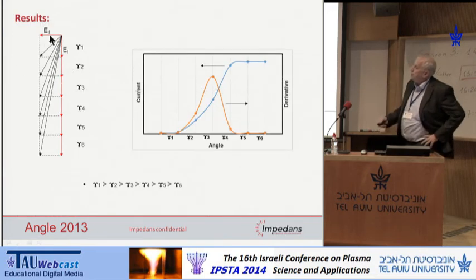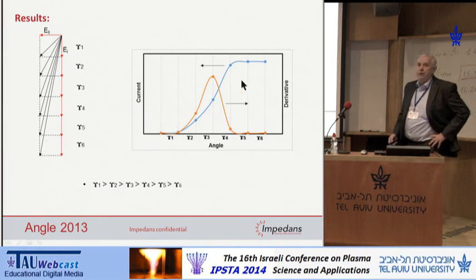So here's what it sort of looks like in terms of a picture. This energy parallel doesn't change, but if we set, say, a low angle voltage, then the ion comes through with this angle. If we increase the angle voltage, the ion comes through with this angle. If we increase the angle voltage more, the ion comes through with this angle, and so on, as we increase the angle voltage.